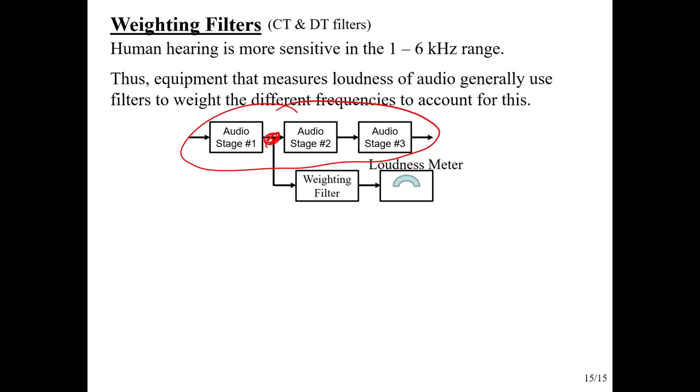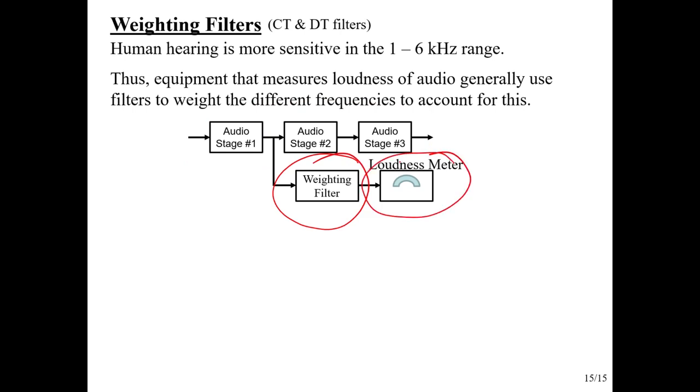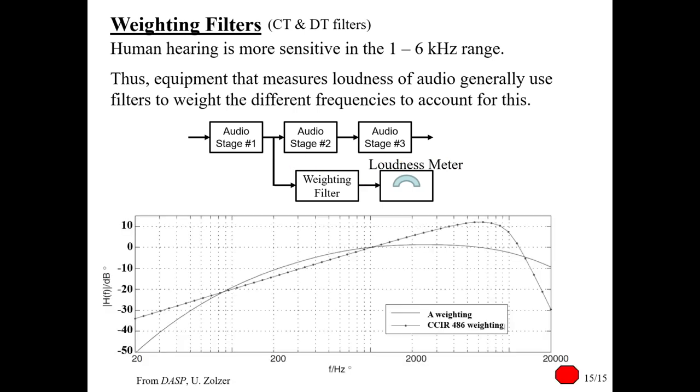It wouldn't match what our hearing would show. And so we apply a weighting filter before we run it into some sort of power measurement meter. That weighting filter is designed to basically de-emphasize things outside of this range.